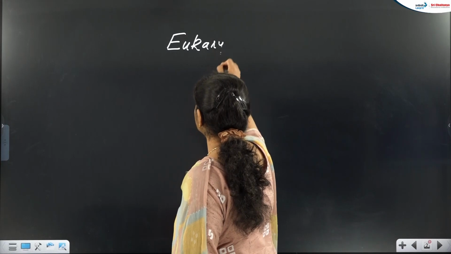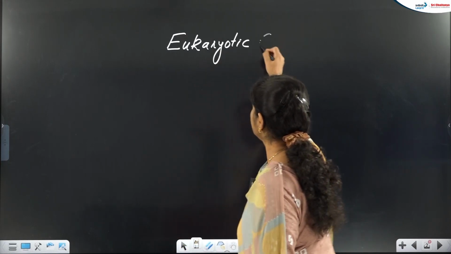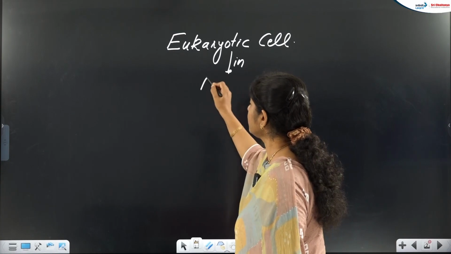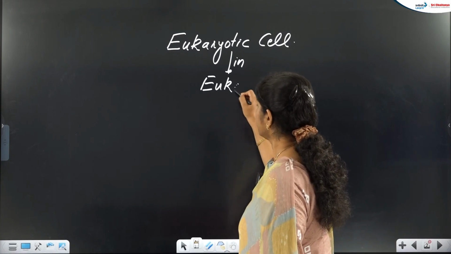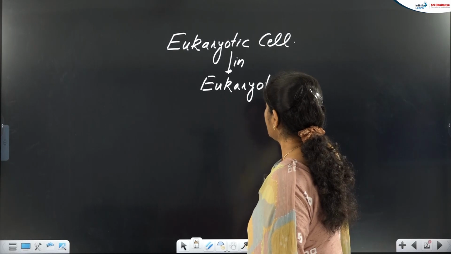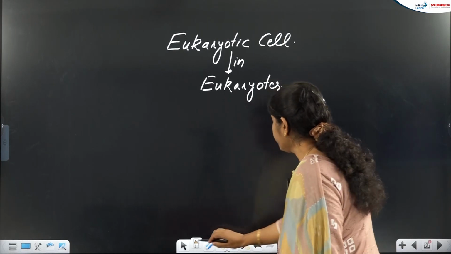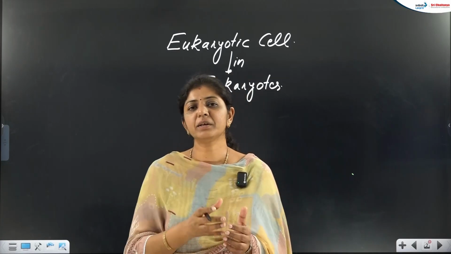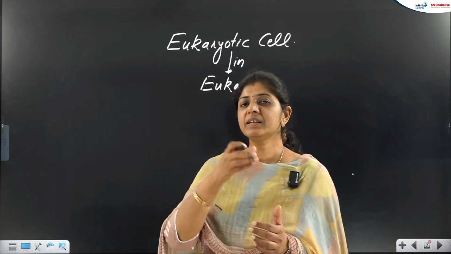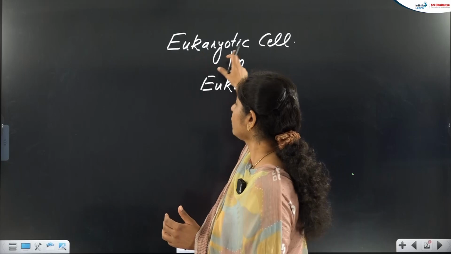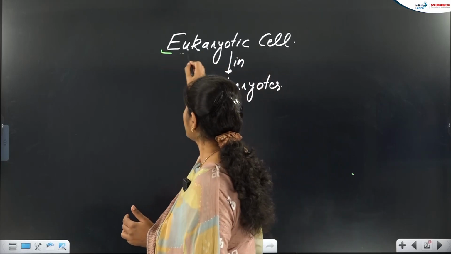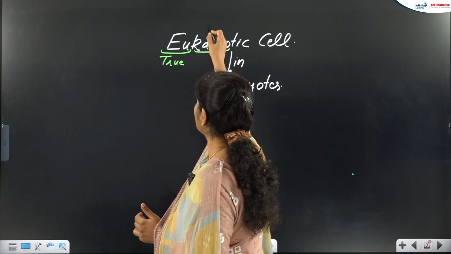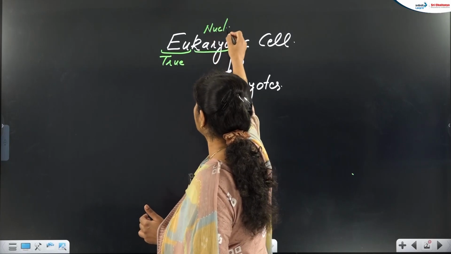Can I say this eukaryotic cell is present in eukaryotes, right? Now if I take the etymology, meaning splitting the term and getting the meaning out of it: in eukaryotic cell, 'eu' stands for true and 'karyon' stands for nucleus.